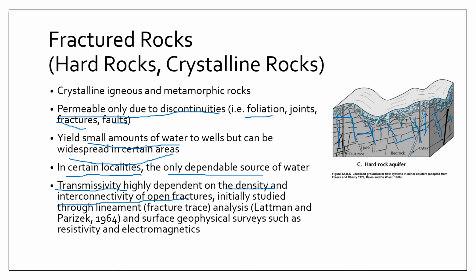Okay, so what affects interconnectivity is of course the intersections of your structures as well as the presence of fault gouges. Okay, fault gouges are your clay and silt infills in your faults, and of course when you have clays and silts in your faults, what they do is they act as sealants.